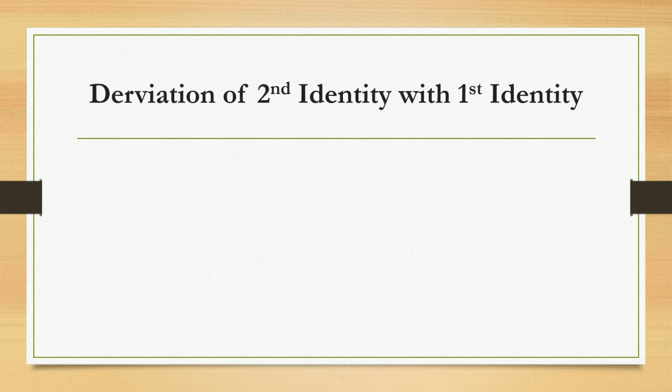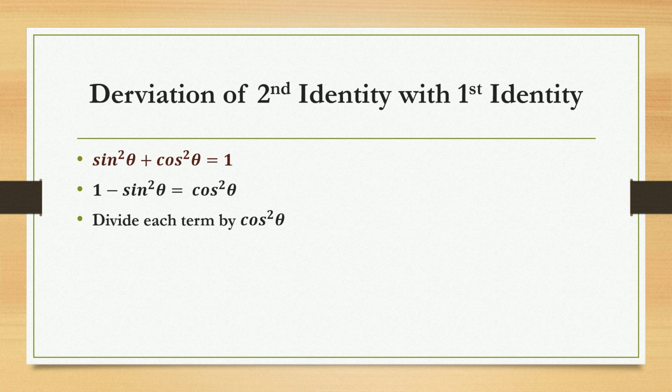So let us derive the second identity with the help of the first identity. What is the first identity? Recall it. Sin square theta plus cos square theta is equal to 1. Make necessary transformation: 1 minus sin square theta is equal to cos square theta. In each one I am following a strategy. Whatever the term on the right hand side, I make the right hand side conveniently, and with that term only I divide each and every term of the previous equation.